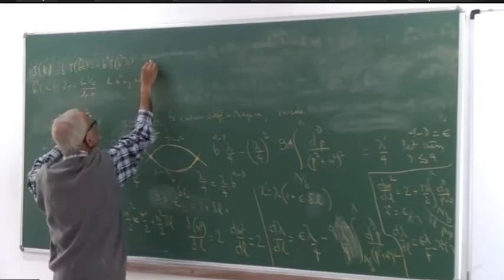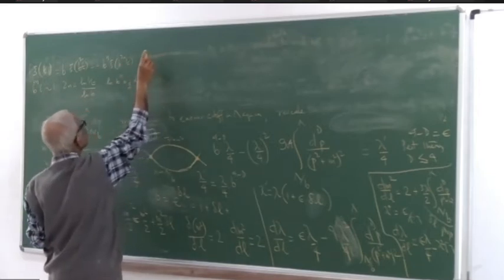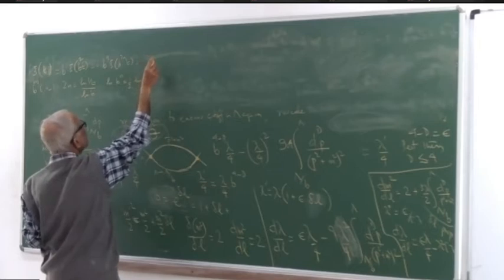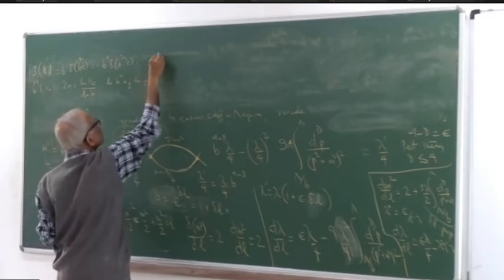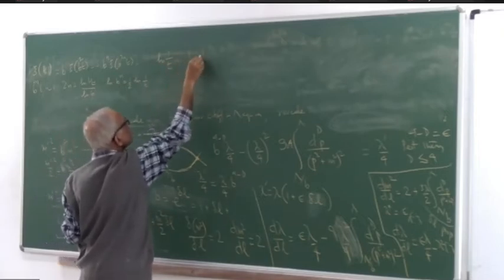So this eventually, when this has become unity, is going to be log of 1 over t to the power half times a number.